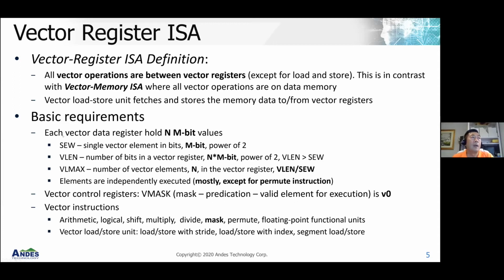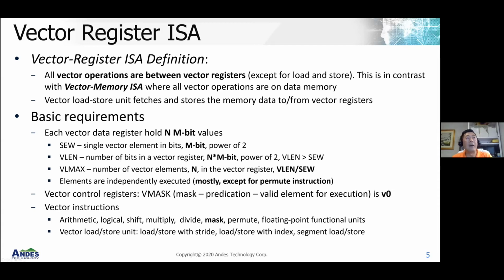The basic requirement is that the vector data register holds n elements of n-bit length, and each element has n bits. For SEW, a single vector element is n bits, and it's a power of 2.